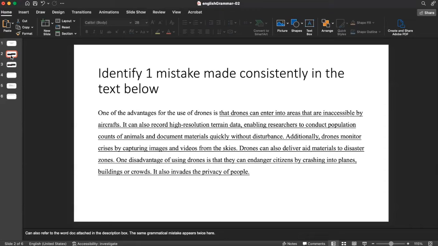Additionally, drones monitor crises by capturing images and videos from the skies. Drones can also deliver aid materials to disaster zones. One disadvantage of using drones is that they can endanger citizens by crashing into planes, buildings, or crowds. It also invades the privacy of people.